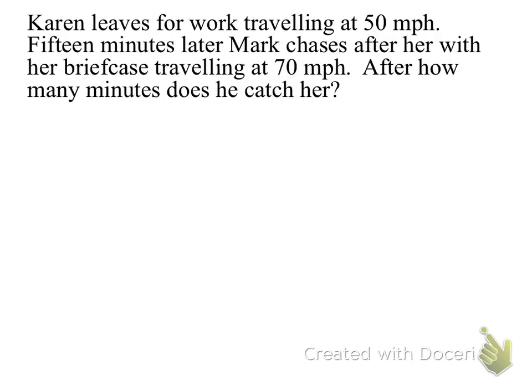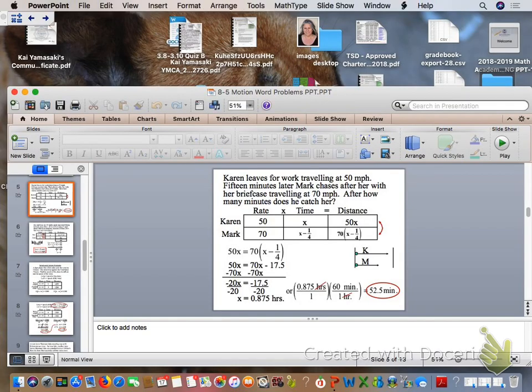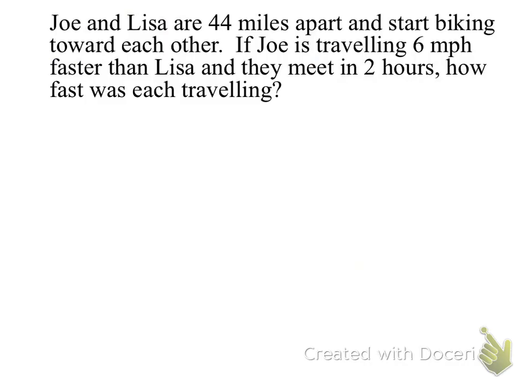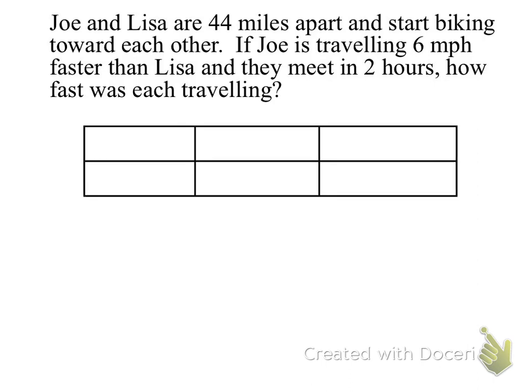All right, here's another one. Let's go to the next one, actually. Joe and Lisa are 44 miles apart and start biking toward each other. If Joe is traveling 6 miles per hour faster than Lisa and they meet in 2 hours, how fast was each traveling?